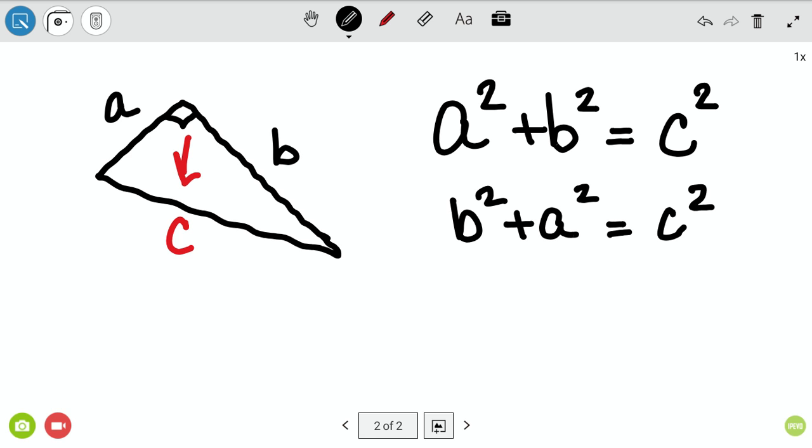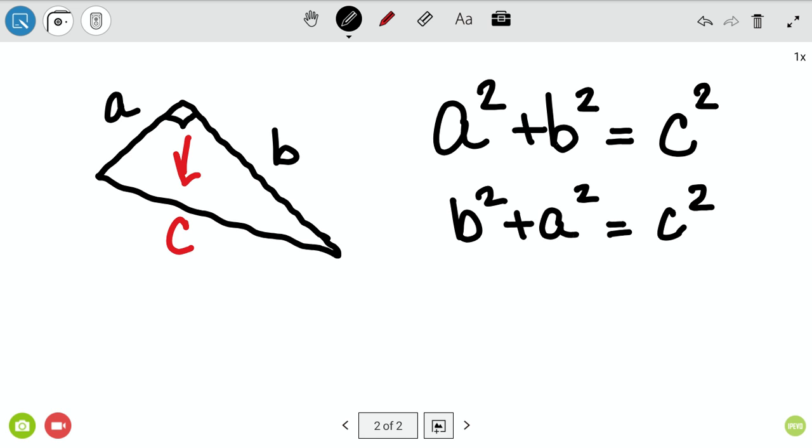So that's why it's really important that you label C as the correct one. Yes? Are we going to get into like C squared minus A squared? Yes. Sometimes you'll be given A and C. And if you're given A and C, I don't ever have you rewrite the equation. I think it's easier to always remember A squared plus B squared equals C squared. Don't try to get fancy.